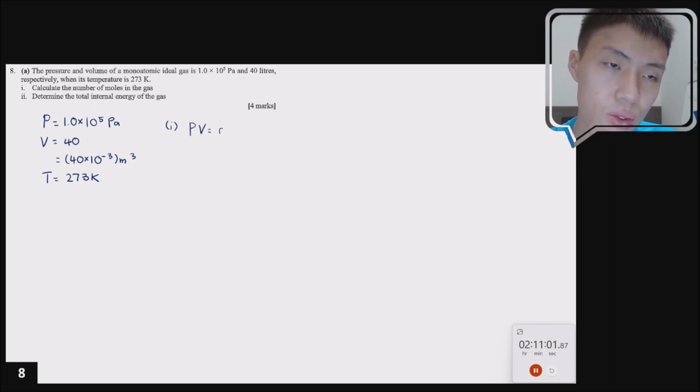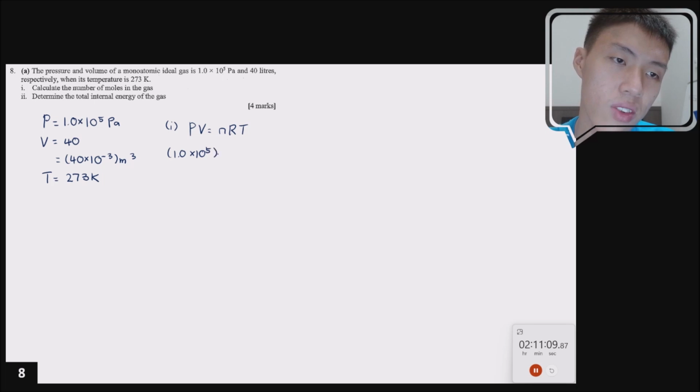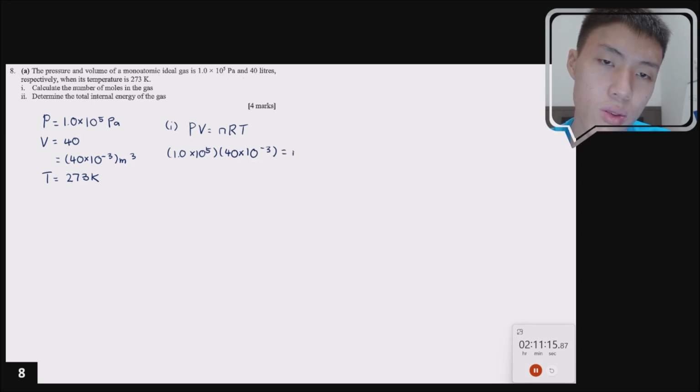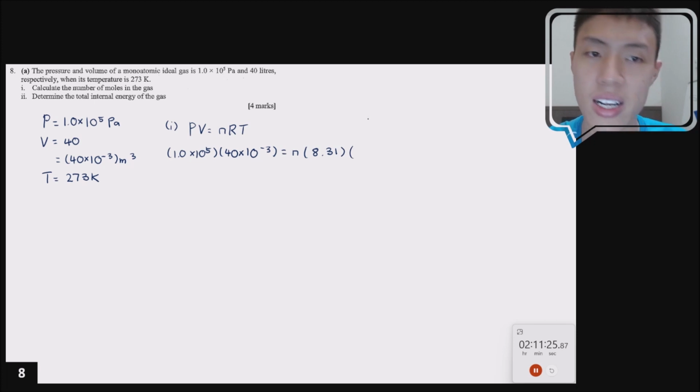PV equals nRT. Okay, this one is very straightforward. So let's substitute P, V, equals to n, which is what I want to find. R, use the physics R, 8.31, not the 0.0207. That one you have to put in atm liter, but this one is Pascal and meter cube.